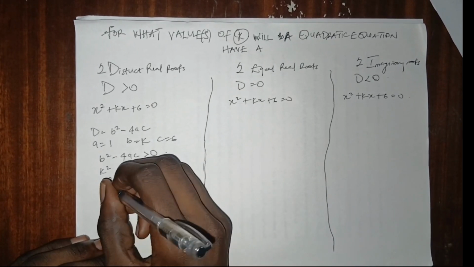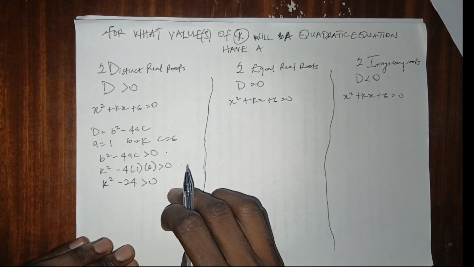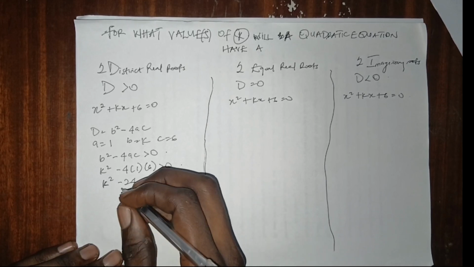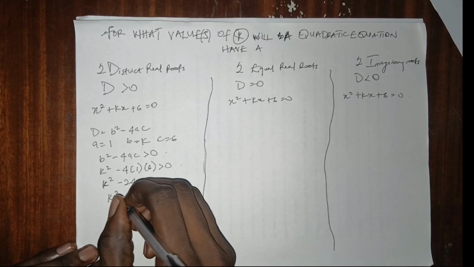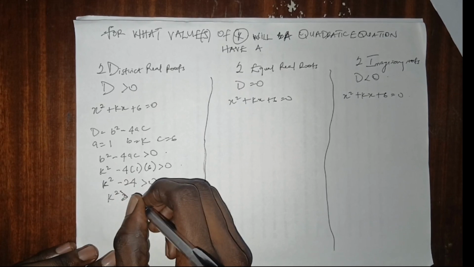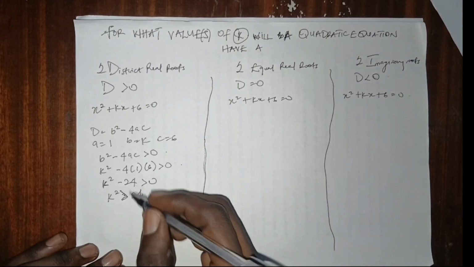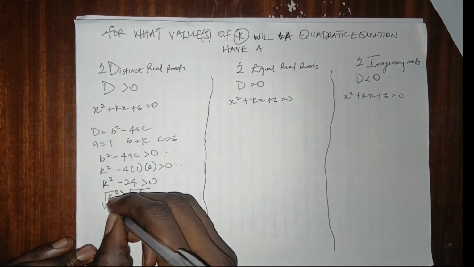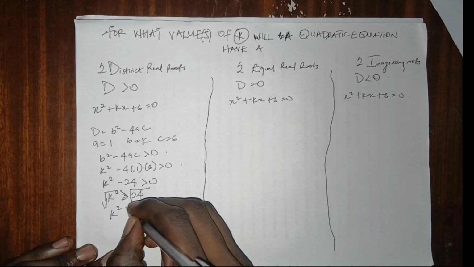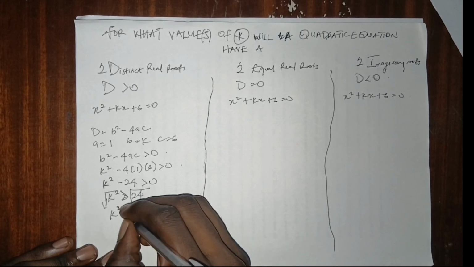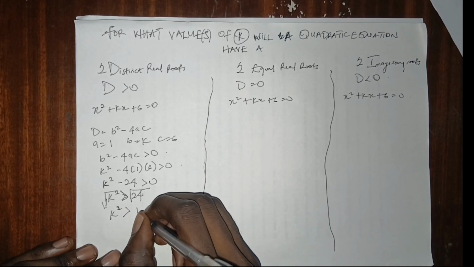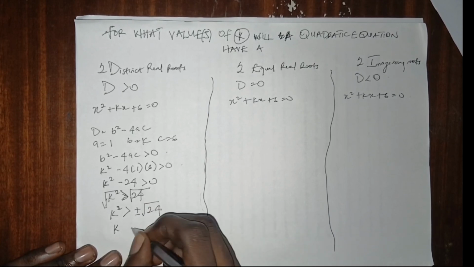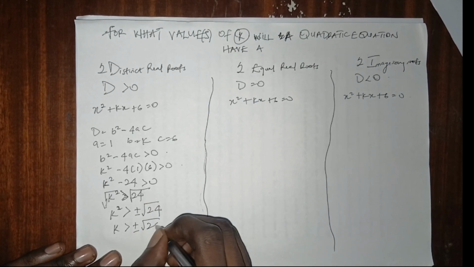So k squared minus 24 greater than 0, right? So we can take this to the other side. You have k squared greater than 24, right? So taking the square root of both sides, you have k greater than plus or minus the square root of 24.